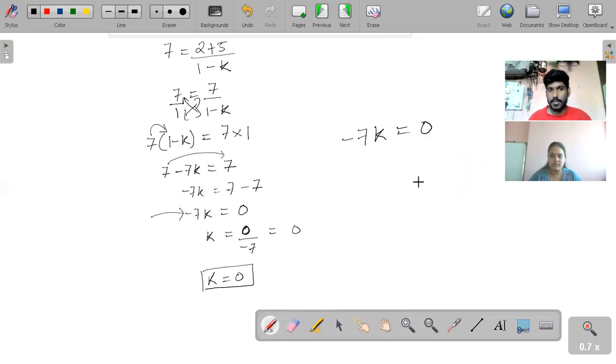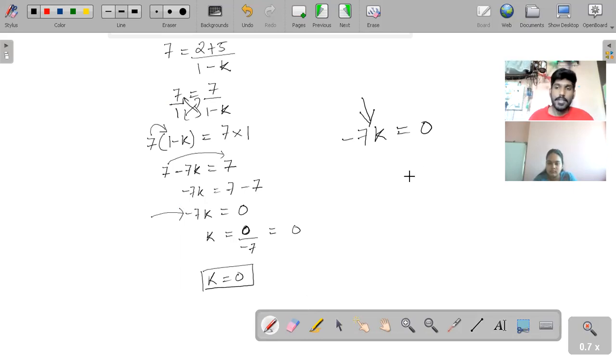In this case, when you're doing addition or subtraction and you take a positive term to the other side, then that plus will become minus. Now here, minus 7 is in multiplication. So when this goes on the other side, the sign does not change.